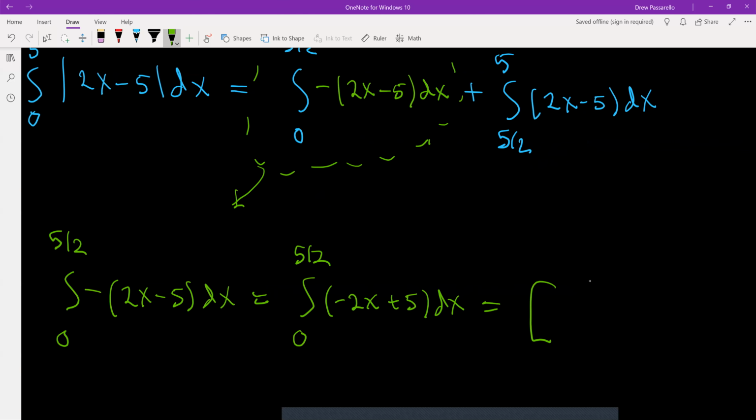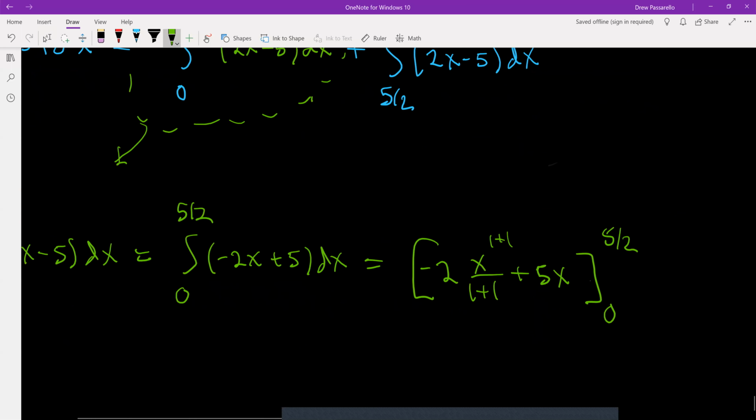So when I integrate negative 2x, you factor out the negative 2, and then you integrate x. Well, x is the same thing as x to the first power, so you do x to the 1 plus 1, and then divide by 1 plus 1. Then when I integrate 5, that's a constant, and we know when you integrate any constant, you just attach the variable to it. So it's going to be plus 5x. All right, and then 0 to 5/2 are my limits of integration.